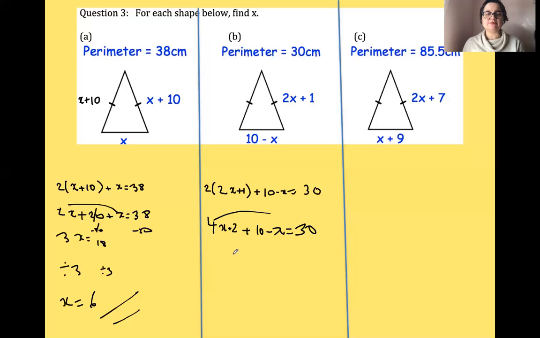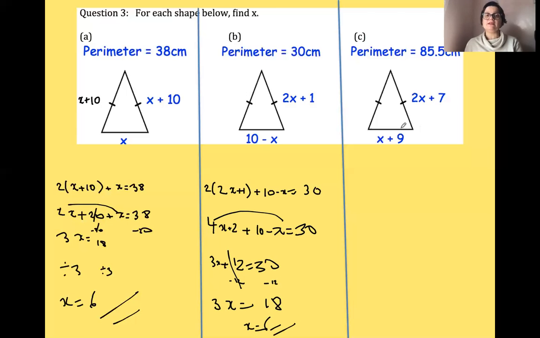Now 4x minus x make 3x, plus 12 equals 30. Then take away 12 from both sides, and we have 3x equals 18. Again, x equals 6 in this case as well. Now you do the last example, just follow my example.